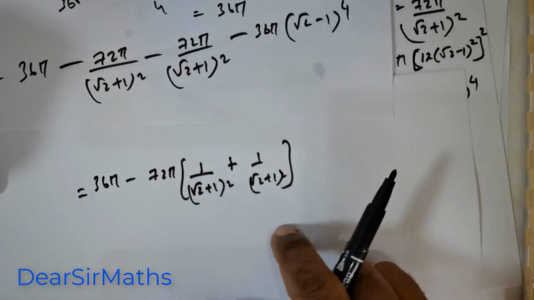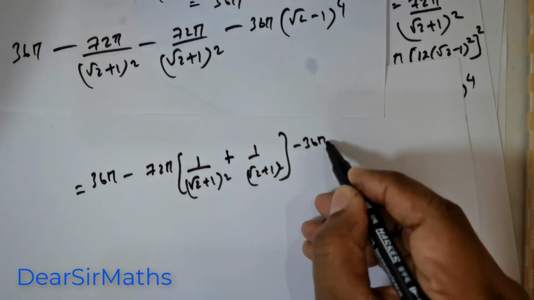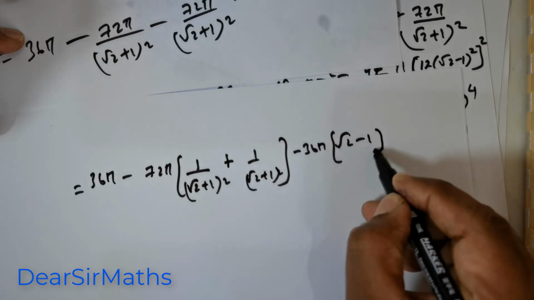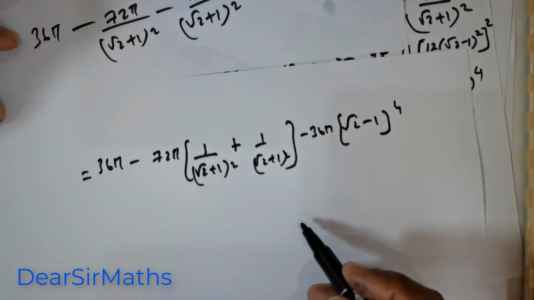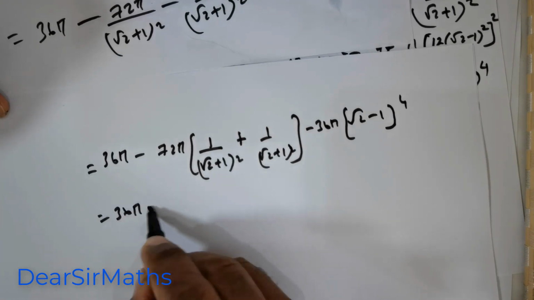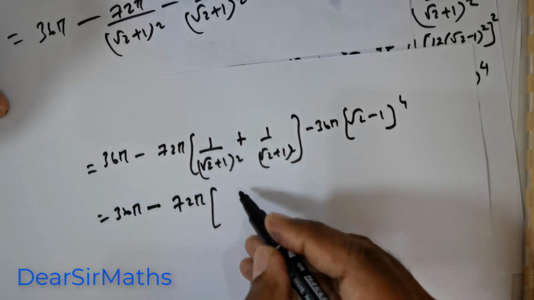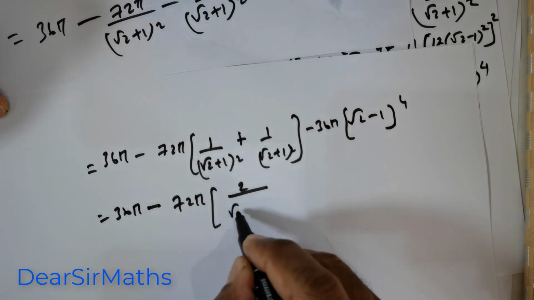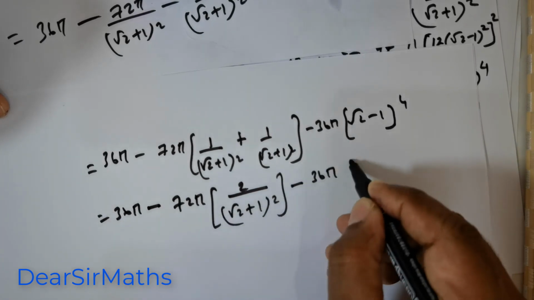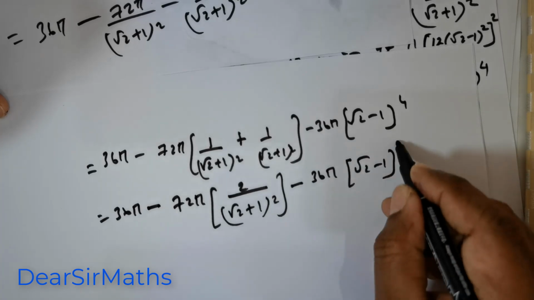So this is one value, and then negative 36 pi root of 2. This is root of 2 negative 1 raised to the power of 4. Now of course you can rewrite this as 36 pi, negative 72 pi is going to be 2 over root of 2 plus 1 raised to the power of 2, negative 36 pi of root of 2 negative 1 raised to the power of 4.